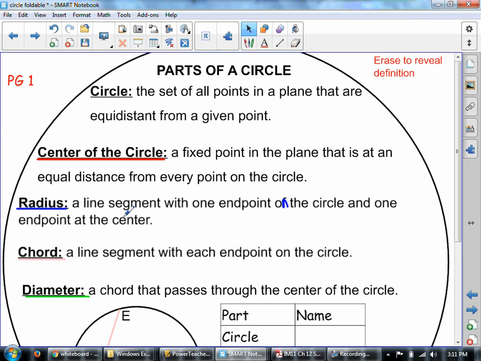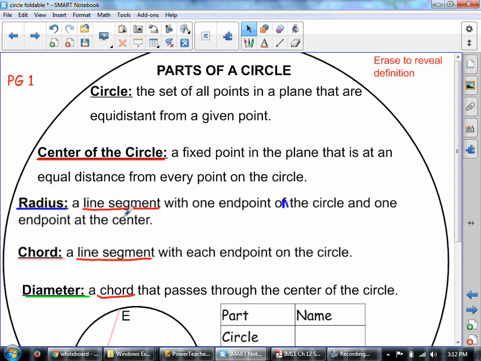Now what I'd like you to do is go back, and I'd like you to underline a few things with me. When you get to radius, I'd like you to underline line segment. When you go back to chord, I'd like you to underline line segment. Diameter, I'd like you to underline the word chord. A diameter is a chord.